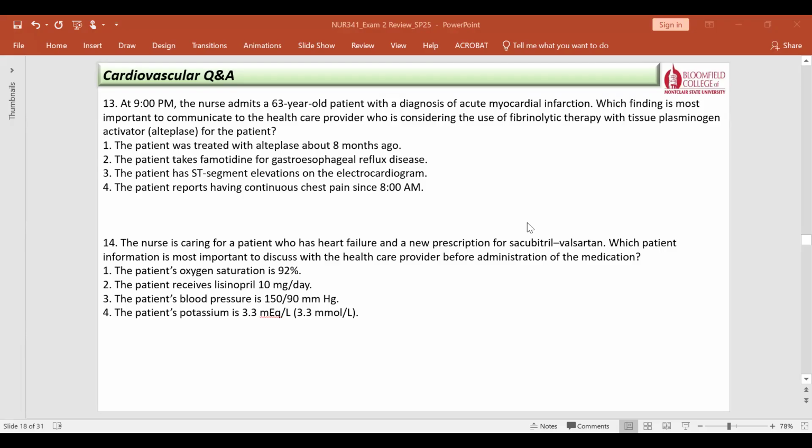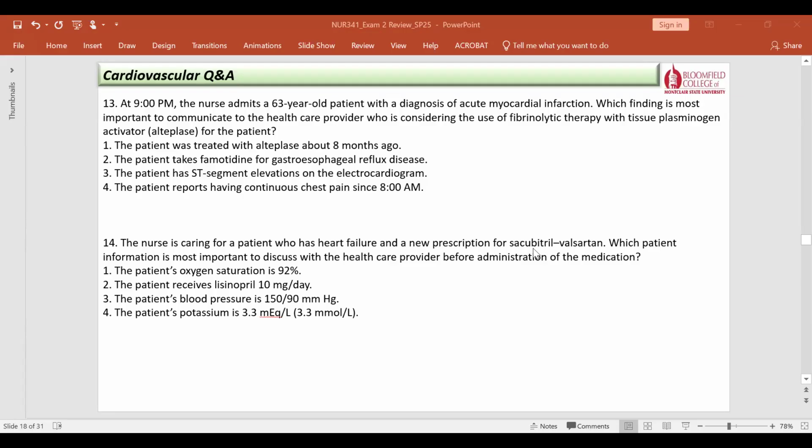This medication is a combination of two meds: the valsartan, which is an angiotensin receptor blocker, and the sacubitril, which is the neprilysin blocker.